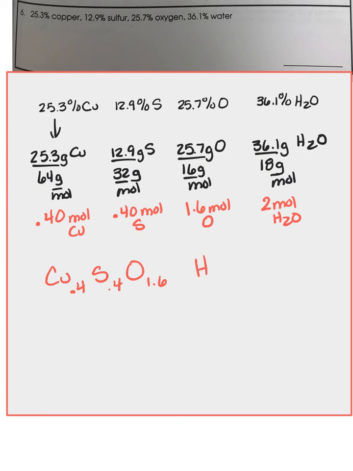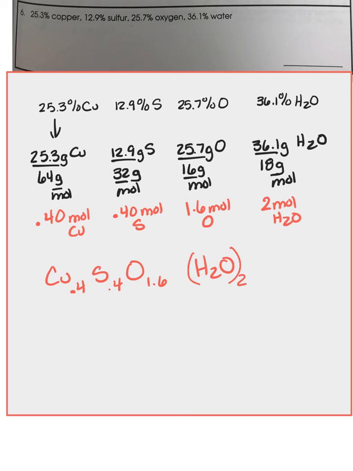And I have water, which is, if you recognize it, it's a hydrate, right? Because we have the copper and the sulfur and the oxygen, which is going to make up our salt compound, and we have the water over here that we're going to deal with as if it's a hydrate. So this H2O, I can put the 2 moles down here and put that in parentheses so that you know that there's 2.